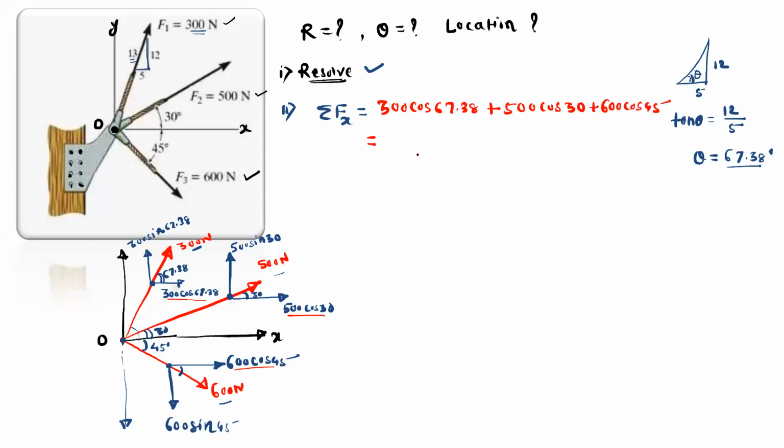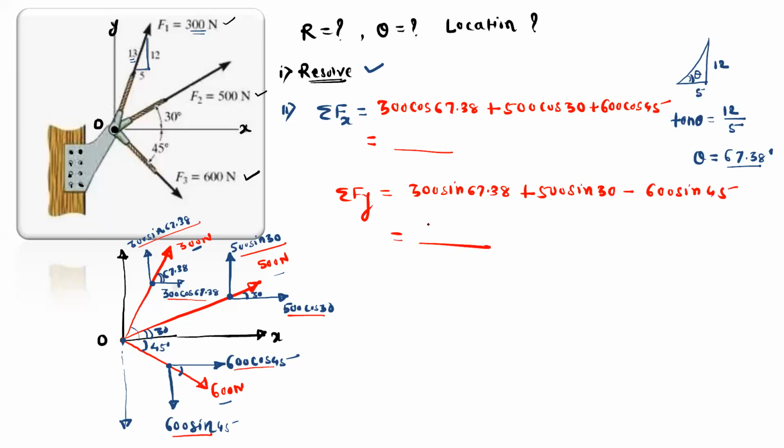You can get the answer by using a calculator. Then summation Fy is equal to, first y component, 300 sin 67.38, second 500 sin 30, and third 600 sin 45, but it is directed towards the negative y direction, so it is minus 600 sin 45. Okay, so this is the summation Fx and summation Fy.